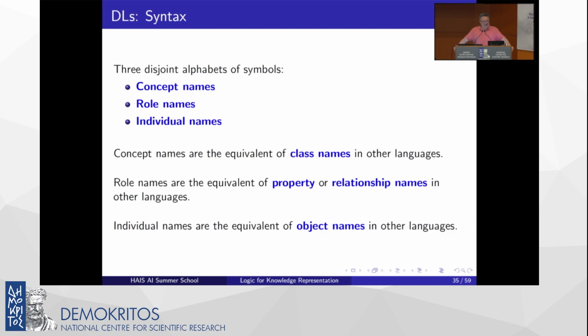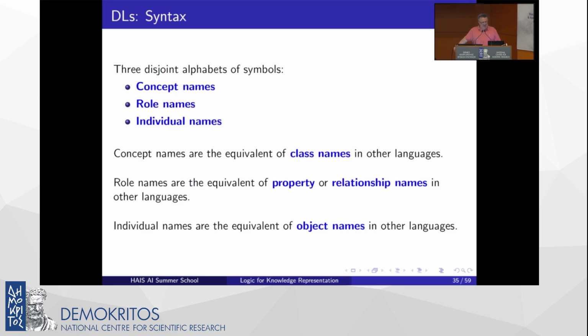So, three disjoint alphabets of symbols. Concept names. Concept means class. You can understand it as class. So class names. Role names, you can understand it as relationship names. And individual names, you can understand it as object names. Okay?